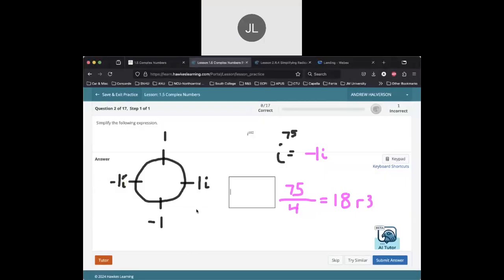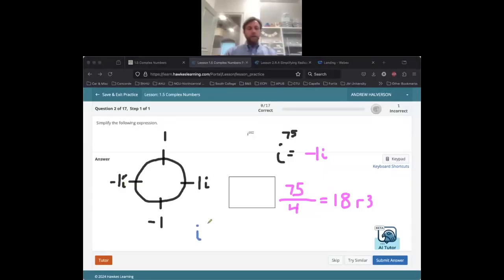So then let me give you one. I'll do it here in blue. I to the 81st power.